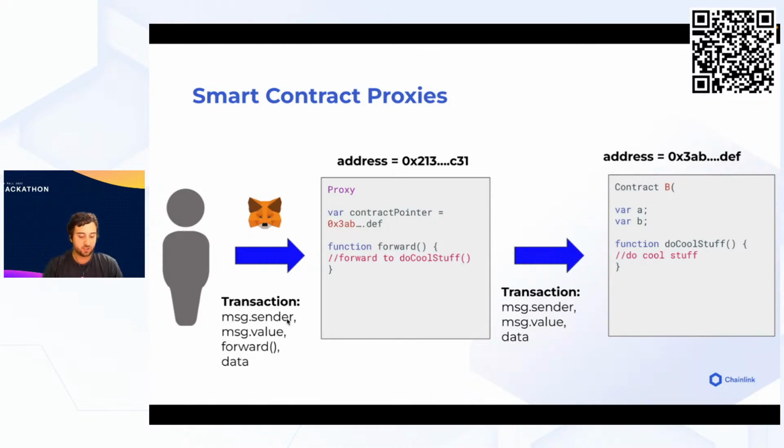They send a transaction. It's got a message.sender, message.value. And they're calling this forward function with some data. The forward function, we don't know what the implementation is, but all we know is it forwards it to this contract, and it eventually calls do cool stuff on this contract. And we get to do some cool stuff with the smart contract.